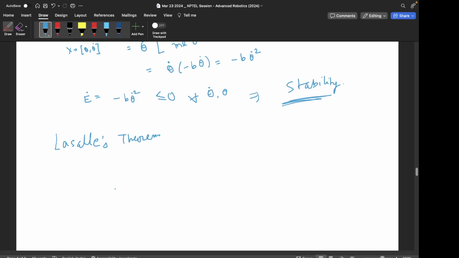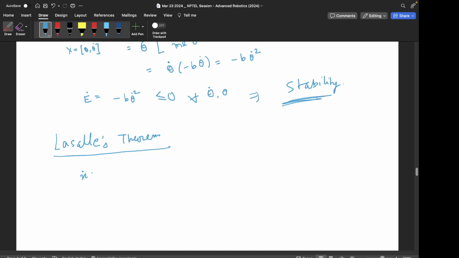The idea is that if E dot is equal to 0 and Lyapunov's stability criteria are satisfied, the two properties, and the third thing is that energy increases if the states are also increasing, right? So let me write down the general statement.